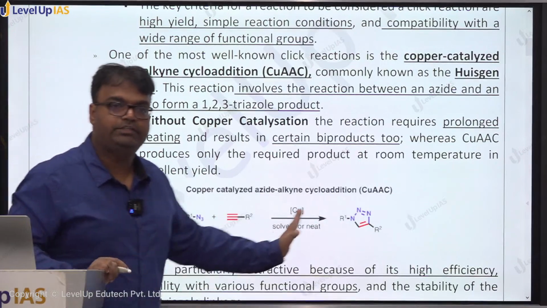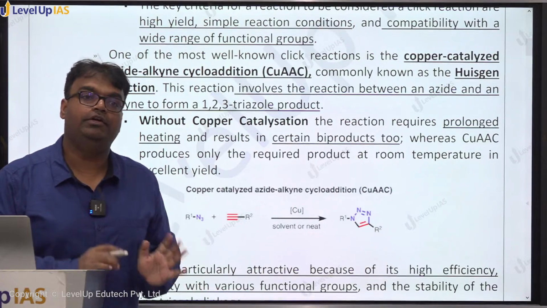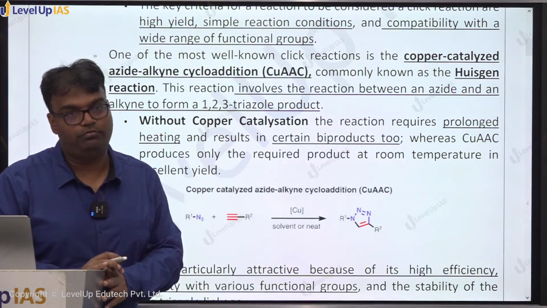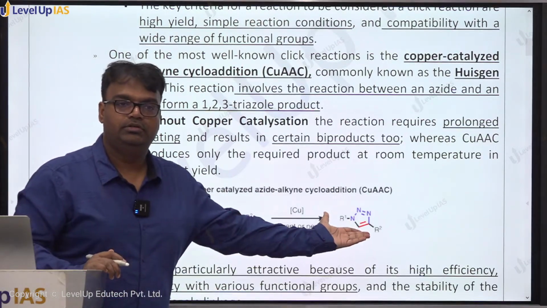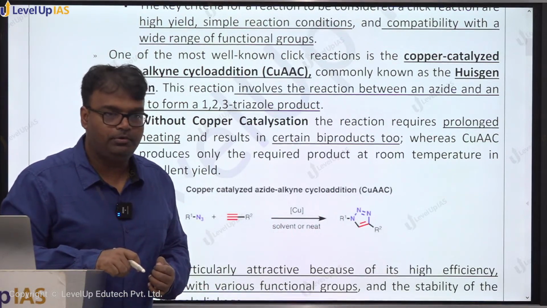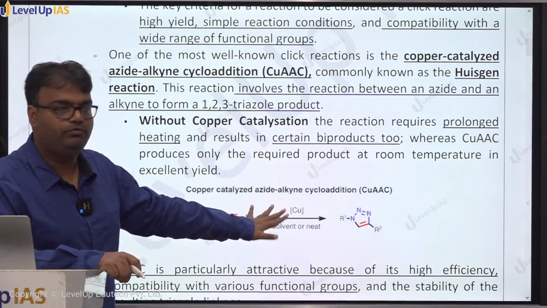Otherwise, for this reaction to happen, very high temperature is required for many days, more than 100 degrees Celsius, and then a lot of byproducts would also have been produced. But with the help of copper ions, it has been produced. This reaction could happen very quickly without a lot of useless things being produced. And this is a very popular example of click reaction.